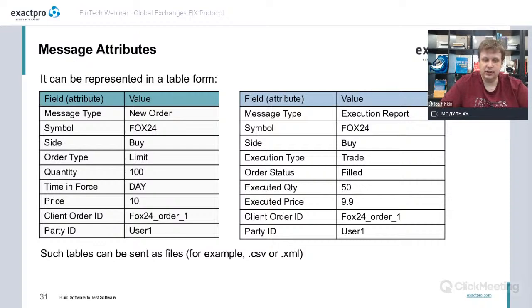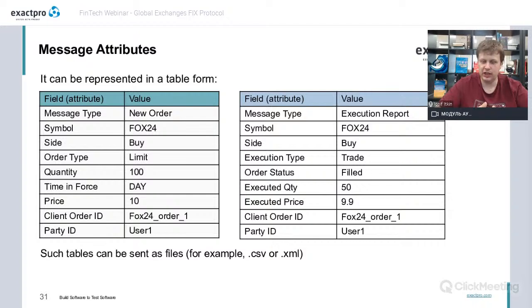Message attributes can be represented as a table or a dictionary where we have a list of pairs, tag and value, or field and value. For example, tag or field message type.